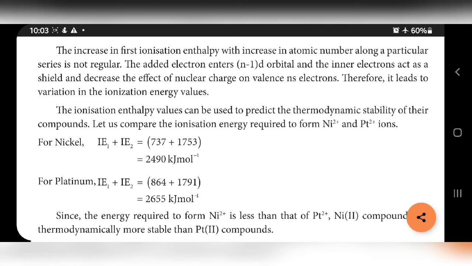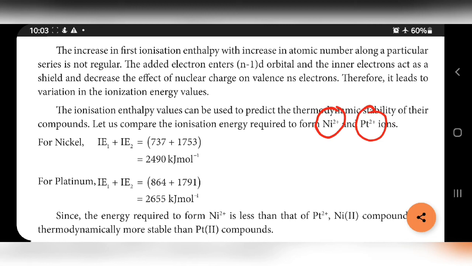The ionization enthalpy value can be used to predict the thermodynamic stability of their compounds. One example is given: compare the ionization energy required to form the nickel 2+ ion and the platinum 2+ ion.